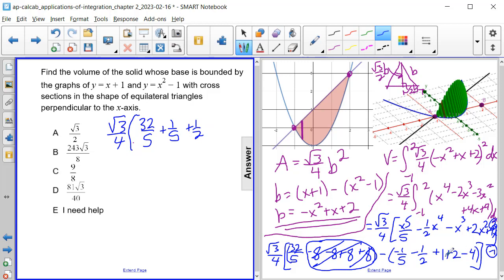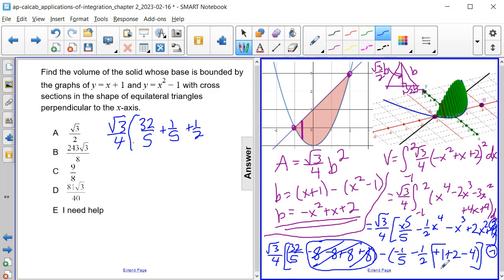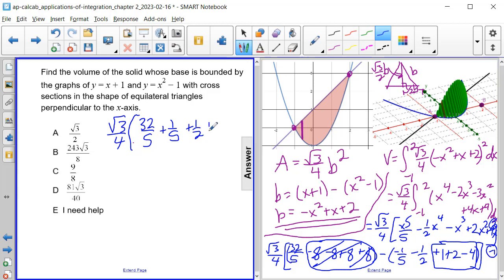And then if we combine these terms together here, that'll be 3 minus 4 is negative 1, minus negative 1 is plus 1. So plus 1 here, and we can get our common denominator of 10 in the parentheses, so we'll have 64 over 10 plus 2/10 plus 5/10 plus another 10 over 10.